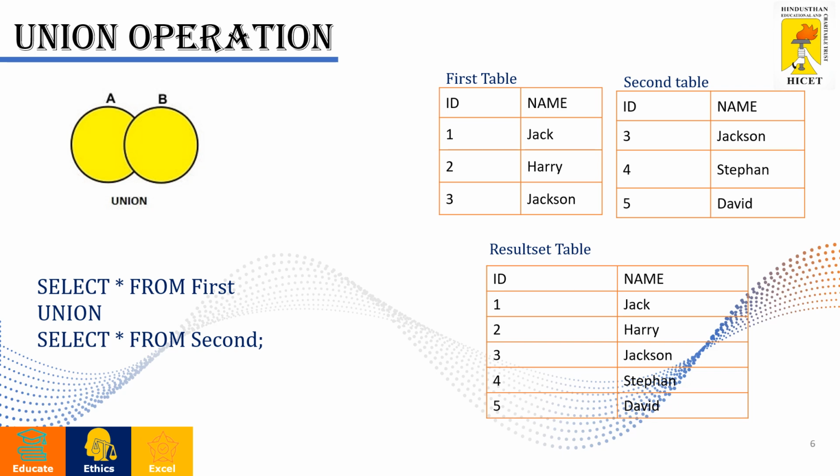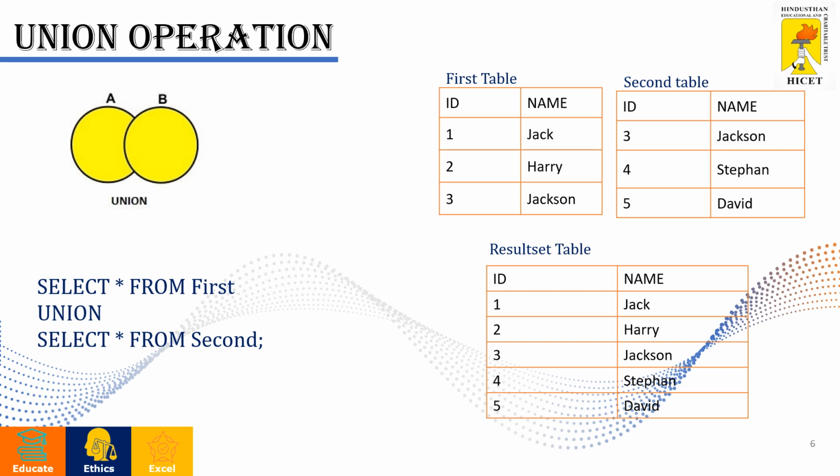So even though together there are 6 rows of data, when you combine the first table and the second table, you will get only 5 because 3 is repeated, so the duplication is removed. The result table after the union operation will contain ID values 1 to 5.